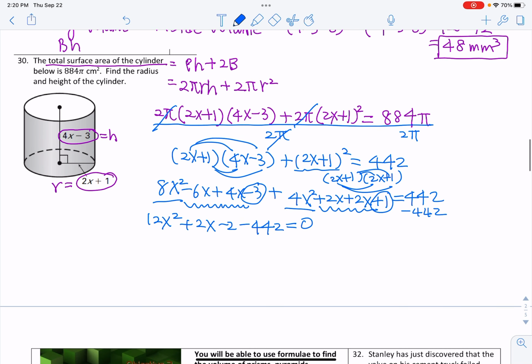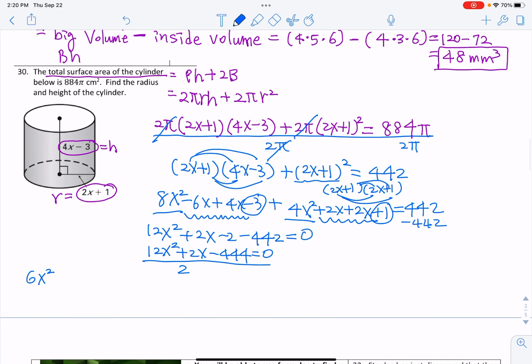And then 12x squared plus 2x minus 444 equal to 0. Everything is divisible by 2, so let's divide by 2. So 6x squared plus x minus 222 equal to 0.